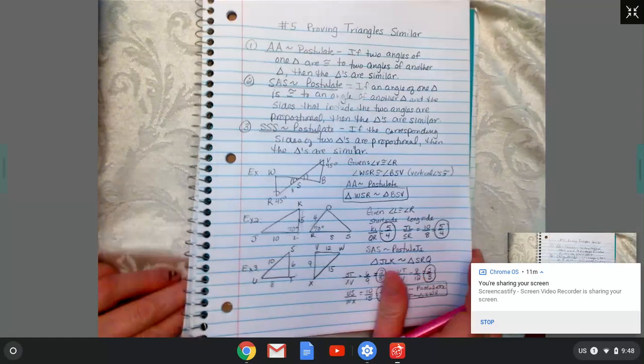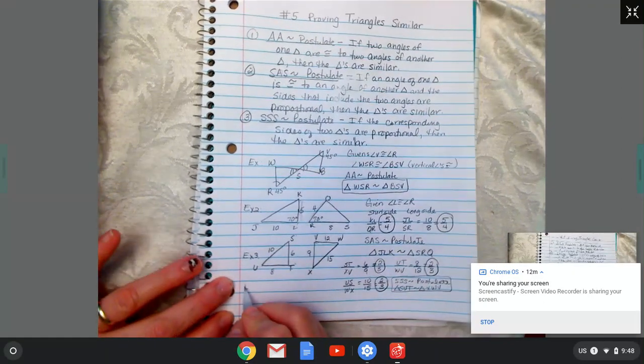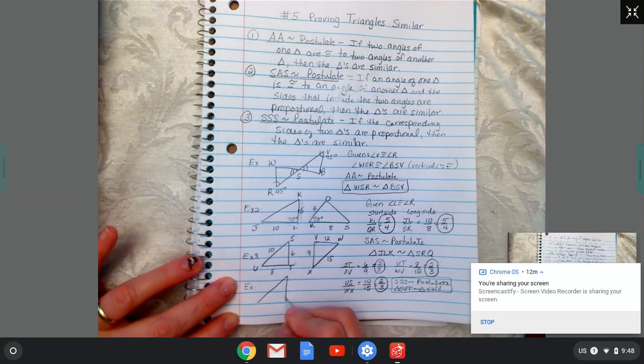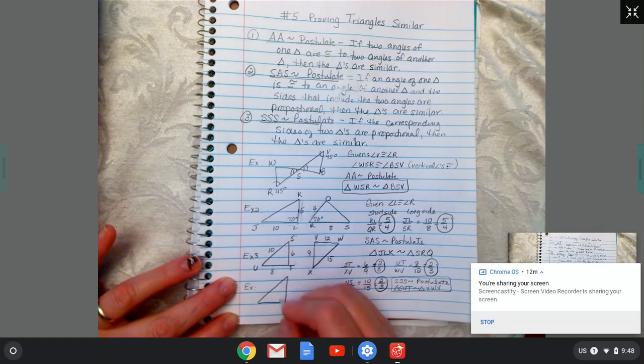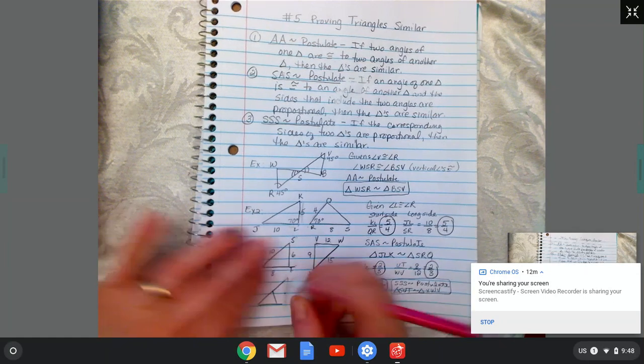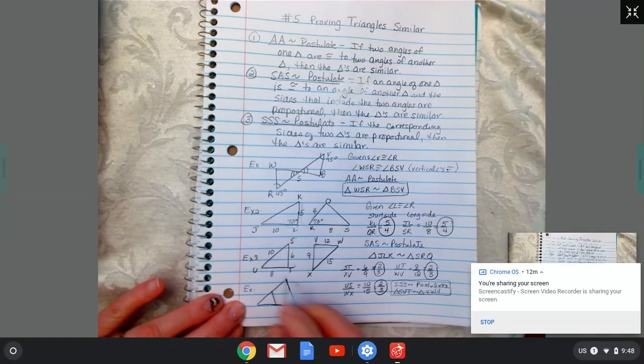And then our last one here, sometimes they share sides. Draw that a little better. It looks like I have a little triangle and a big triangle. They have to have the same shape, but not necessarily the same size.